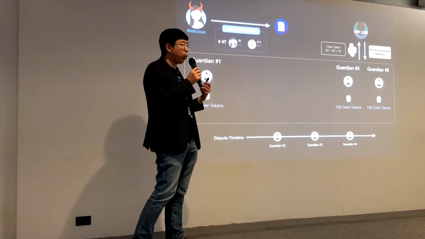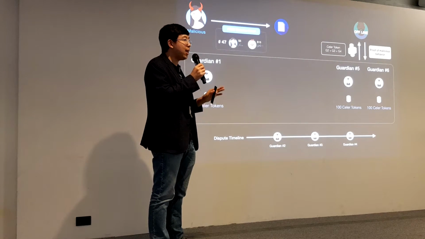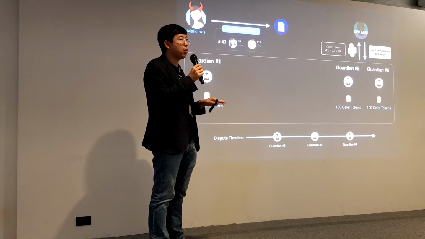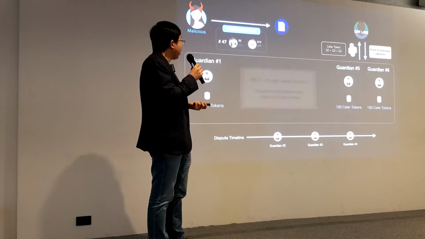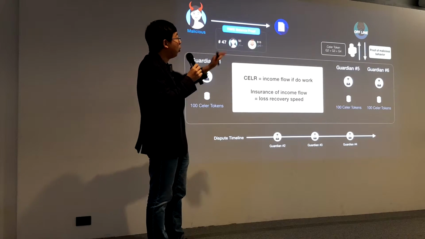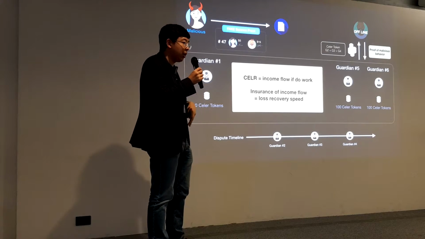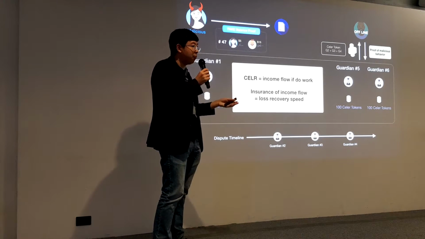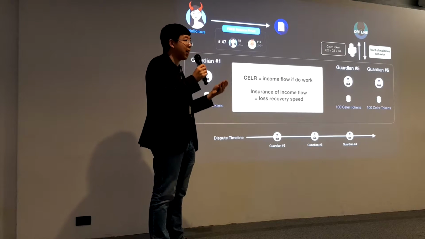Now, that creates a very interesting economic dynamic here, because what is one Celer token? One Celer token represents an income flow if you do the work. So depending on what Bob paid in the very beginning, the more Bob pays, the more Celer tokens will be guarding or responsible for Bob's state.